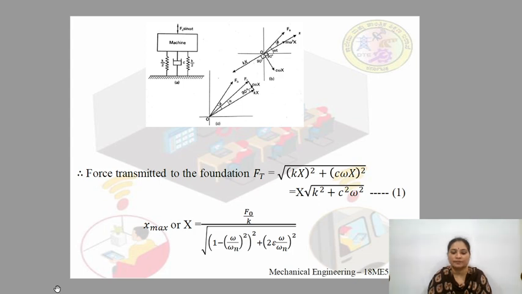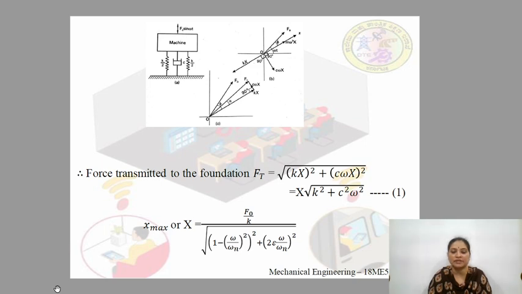So, using the Pythagoras theorem, the equation for Ft is written as below. Since x is common in both the terms, x is taken common, and we are left with under the root k square plus c square omega square. Let us call this equation number 1.